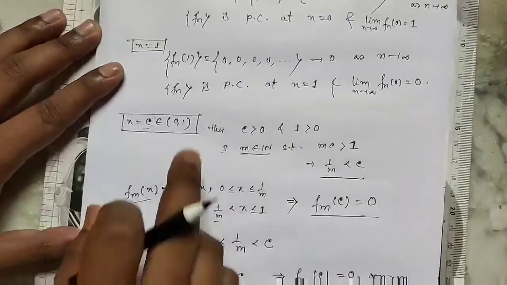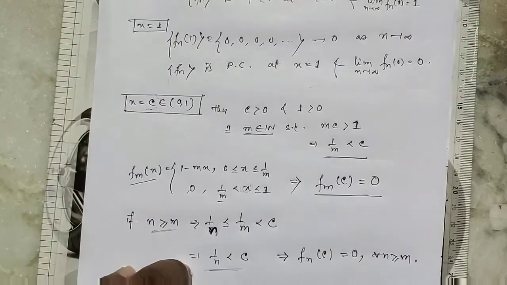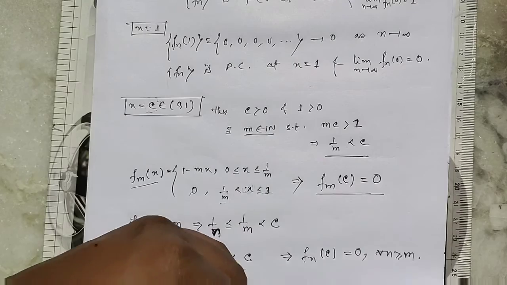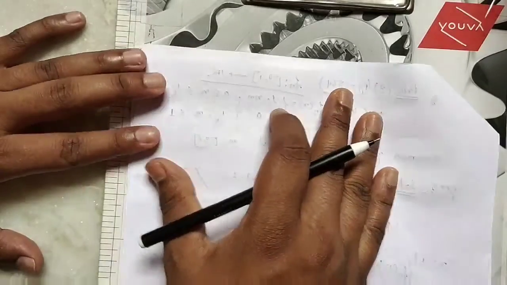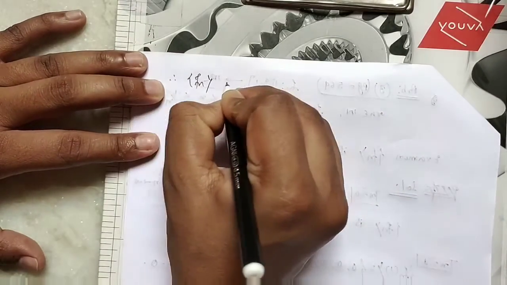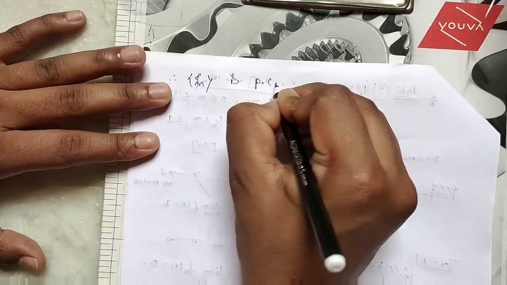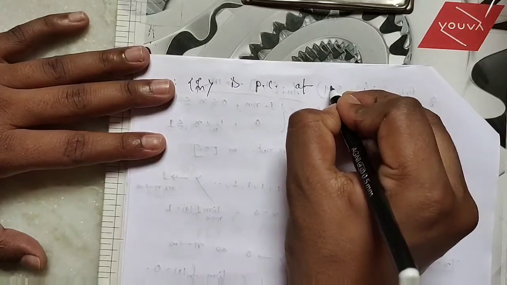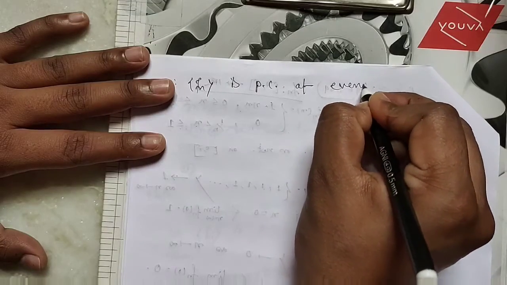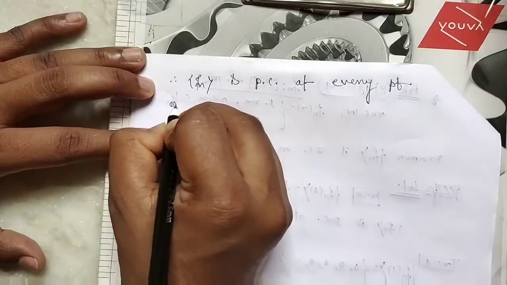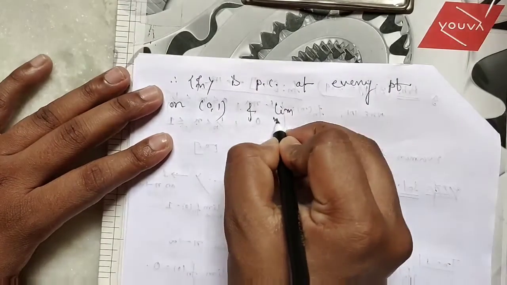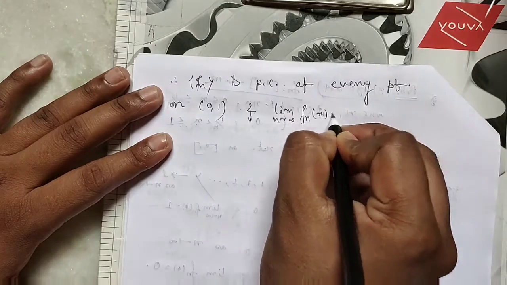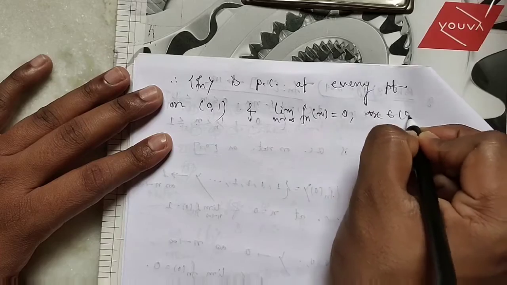So for every point in (0,1), the sequence of functions is pointwise convergent at every point on (0,1), and the limit as n tends to infinity of f_n(x) equals 0 for all x belonging to the open interval (0,1).